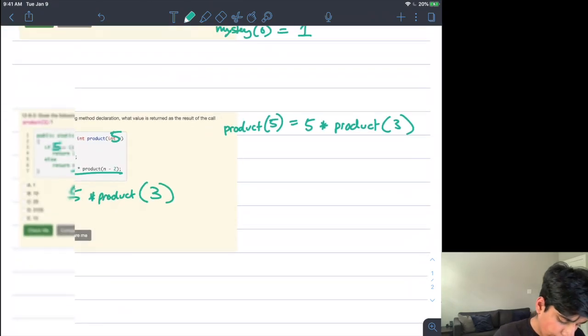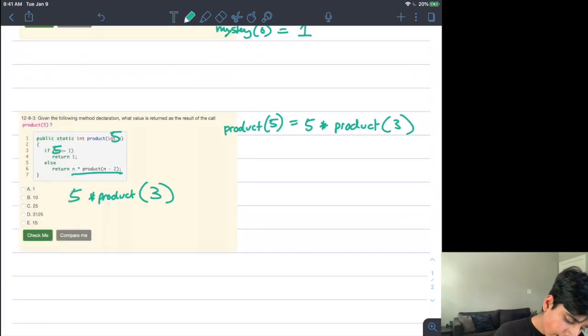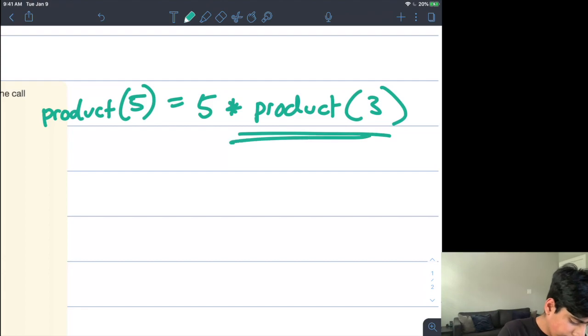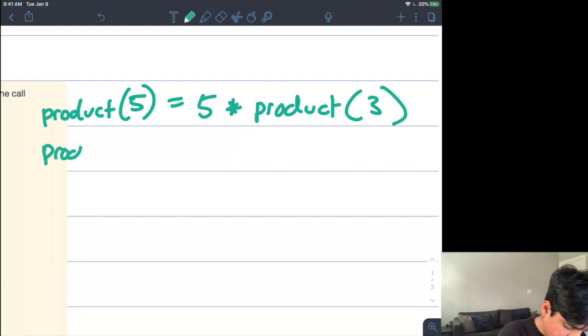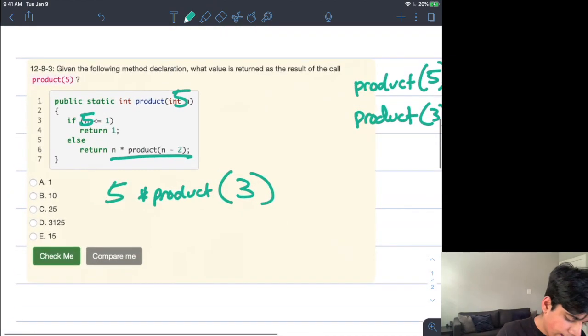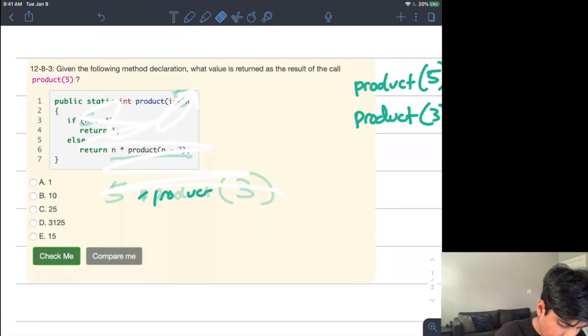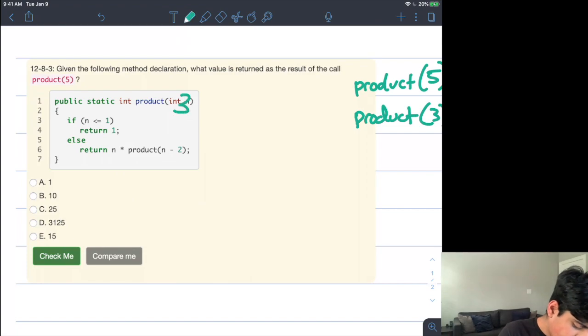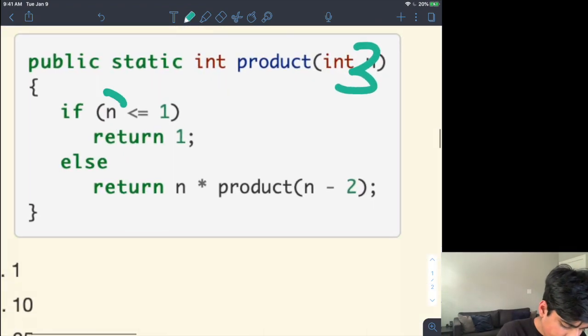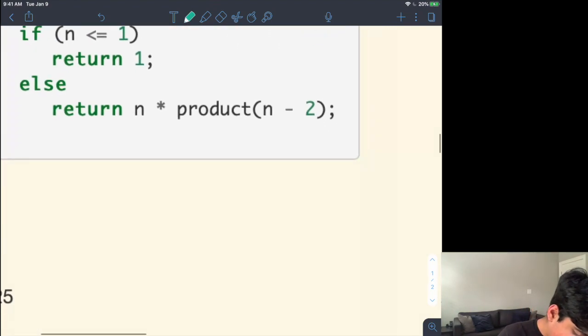3, right over here. And so now we notice that we've called product 3, so we need to solve for product 3 over here. So product 3 is going to be equal to, and now we can again change it up. So I can put 3 as my parameter. Is 3 less than or equal to 1? It's not. So we're going to return n, right?